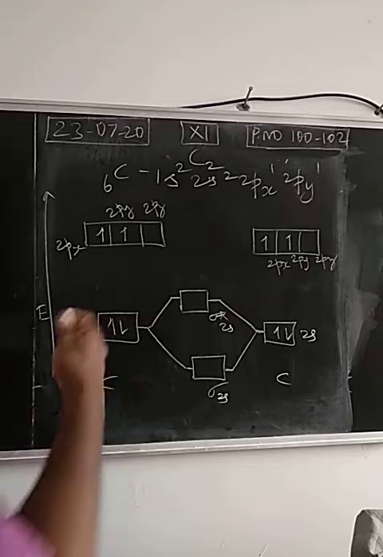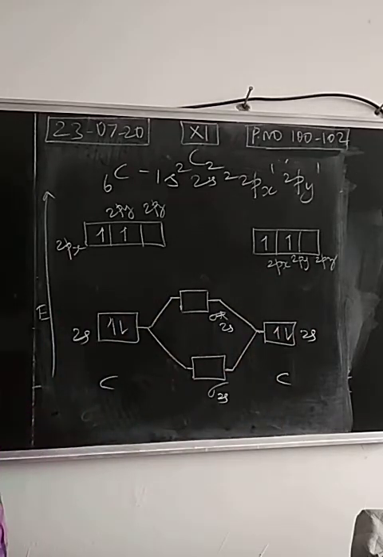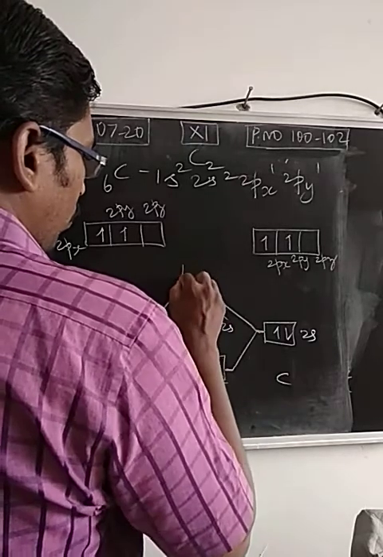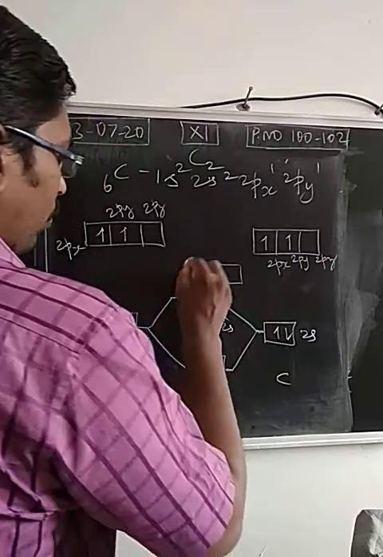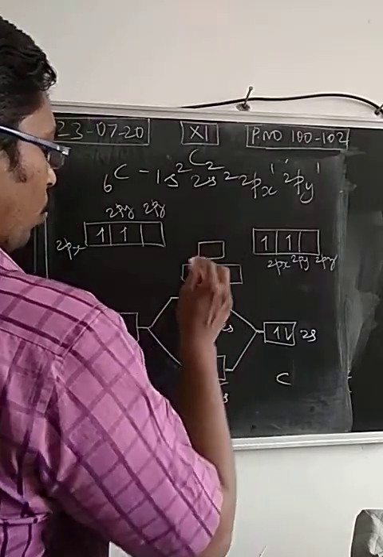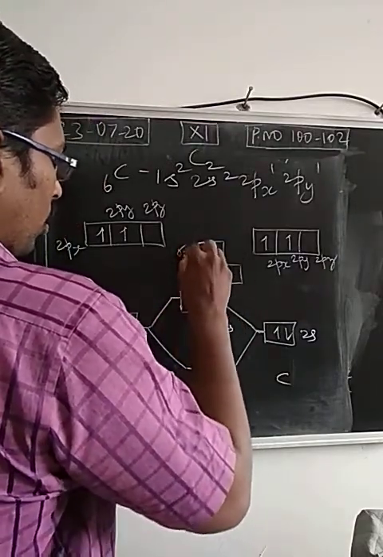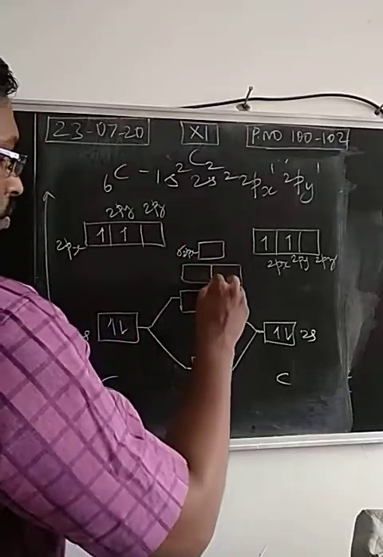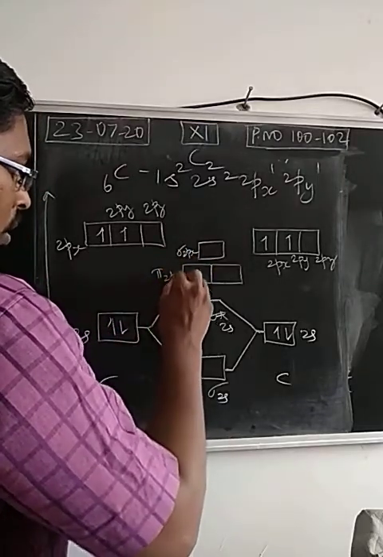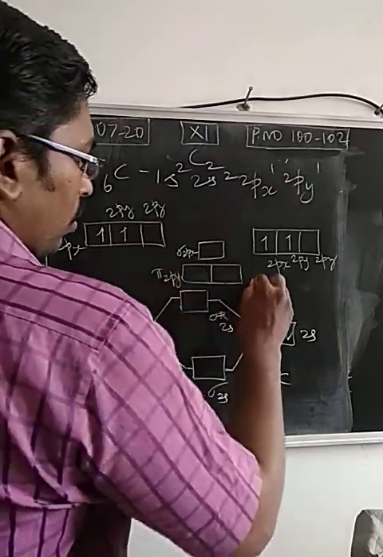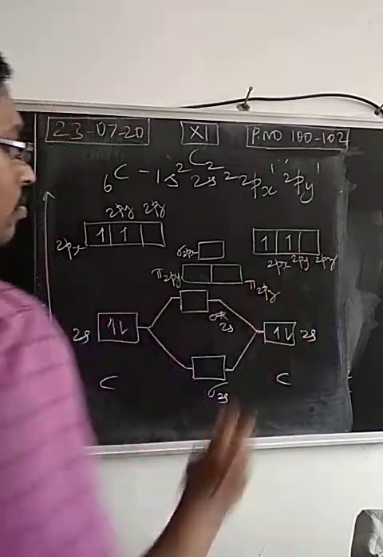Next, 2p orbitals of both the carbon atoms are combining together. They will produce bonding as well as anti-bonding molecular orbitals. So this is sigma 2px, pi 2py, pi 2pz.